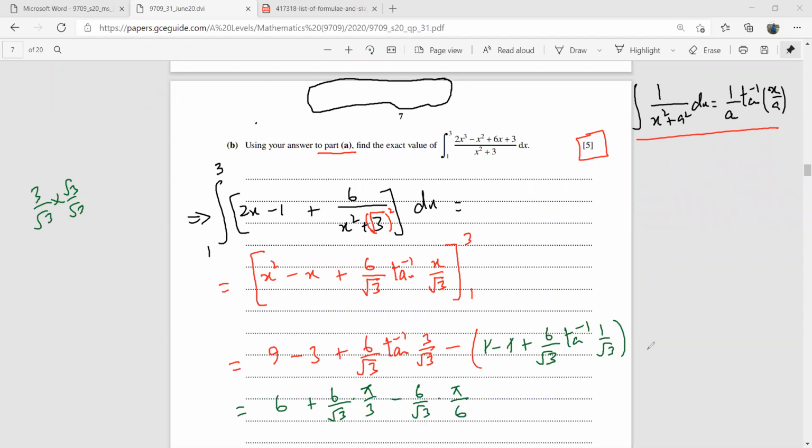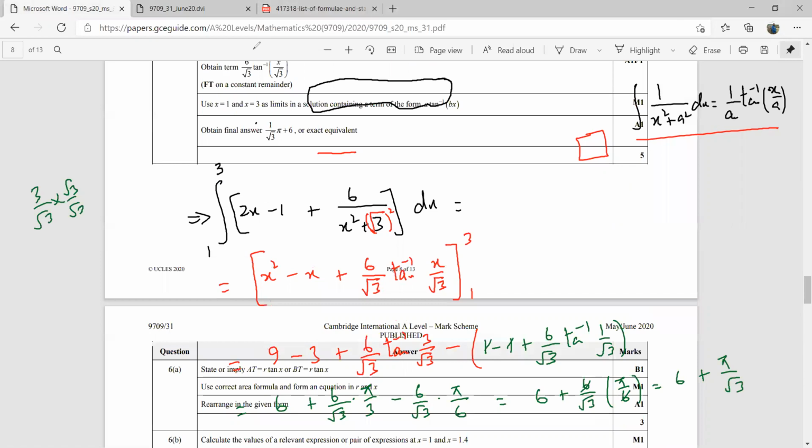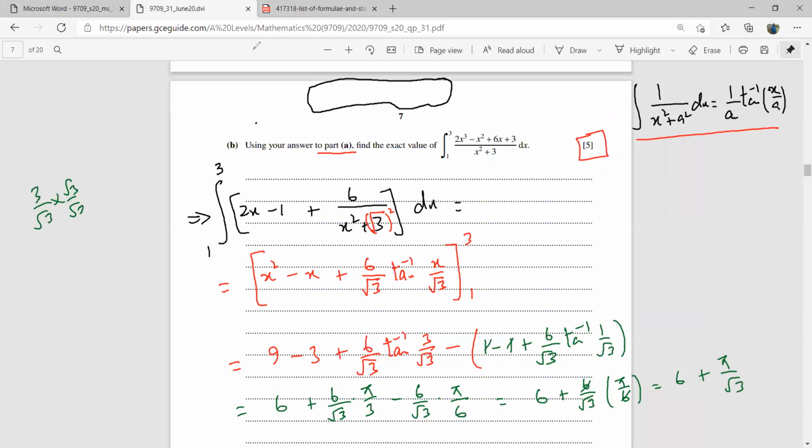So now this is going to be 6 plus 6 over under root 3 common, and pi by 3 minus pi by 6 is pi by 6. 6 cancels by 6, and this will be 6 plus pi over under root 3. Let me check the answer quickly. Yes, that is the answer here, and the answer is correct, thankfully.